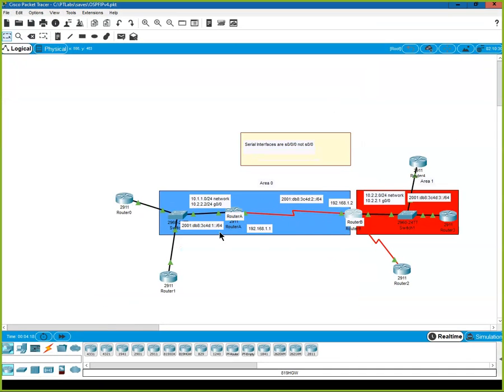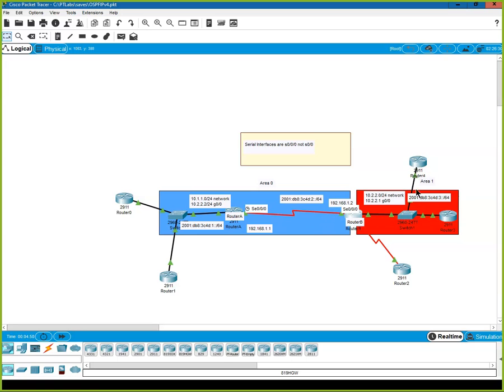You're only going to be responsible for single area OSPF, but everything in Area 1 shares information with all of the routers in Area 1. Everything in Area 0 shares information with everything in Area 0. This is called an area border router, which has an interface in each area, and it can be used to relay the information from one area to the other.